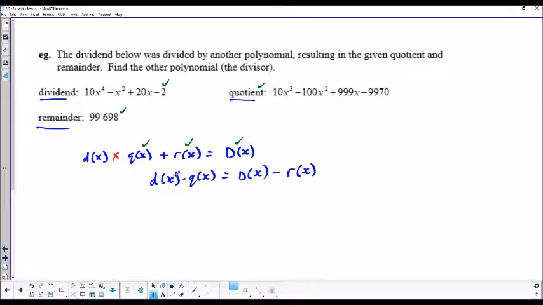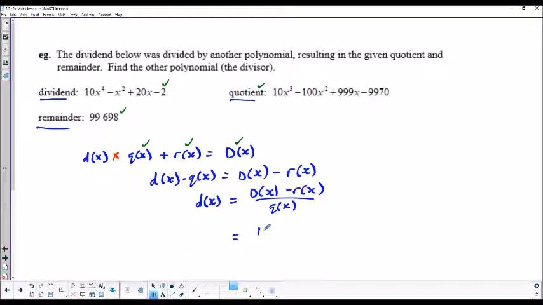And then to get the divisor by itself, we have to divide both sides by the quotient. So we're going to be left with the divisor equals the dividend minus the remainder all over the quotient. Okay, and these are all parts that we know. We got the quotient here, we've got the dividend, and we've got the remainder. So then we just put all this stuff together.